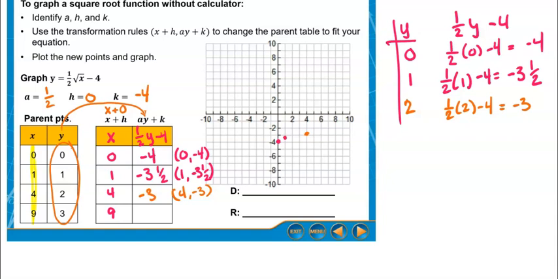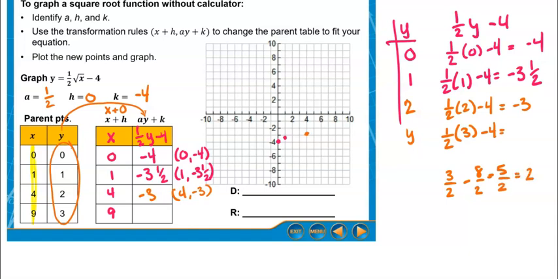So now we're going to do the same thing with 3, because that's the next y value. So 1/2 times the value of 3 minus 4 equals, so let's do a little bit of fraction math, shall we? 3/2 minus 8/2 will equal just 5/2.